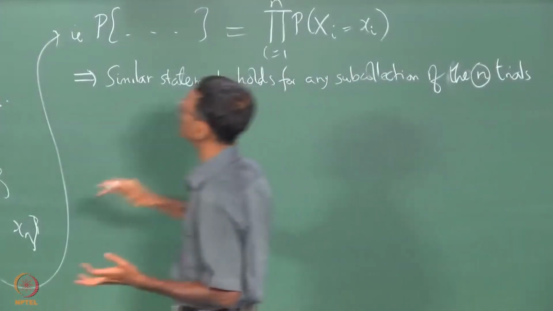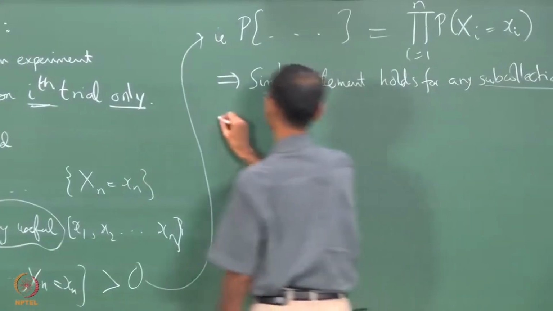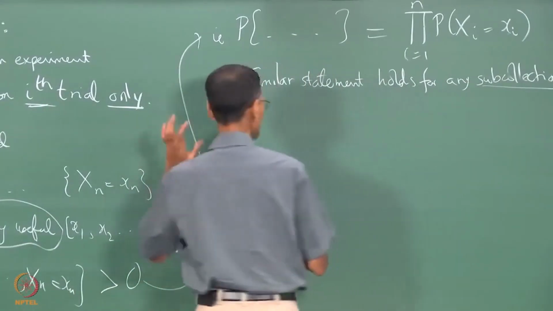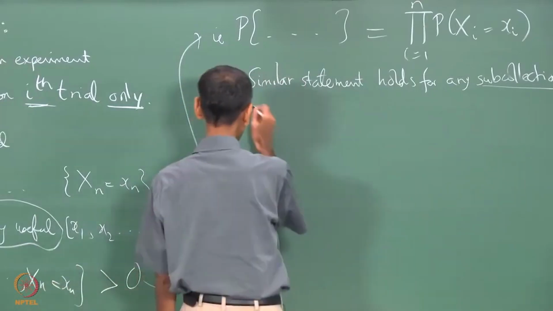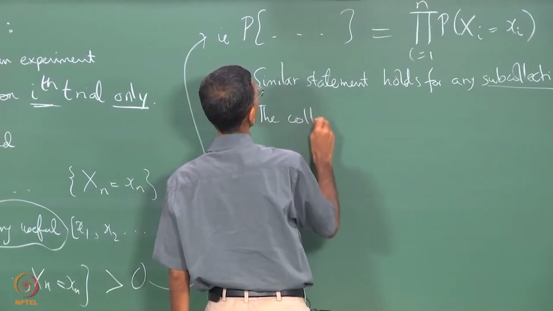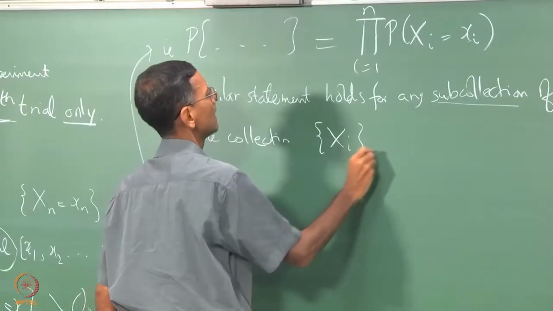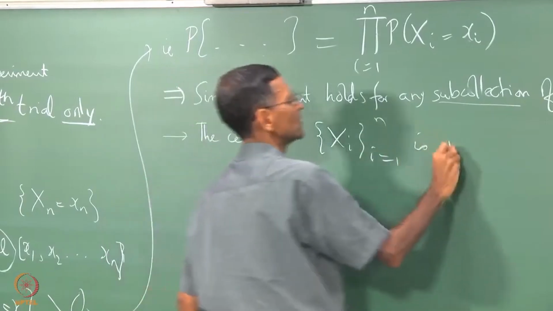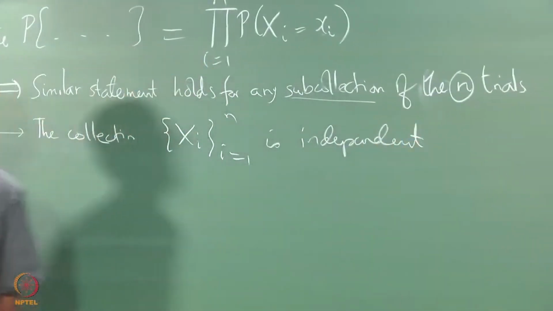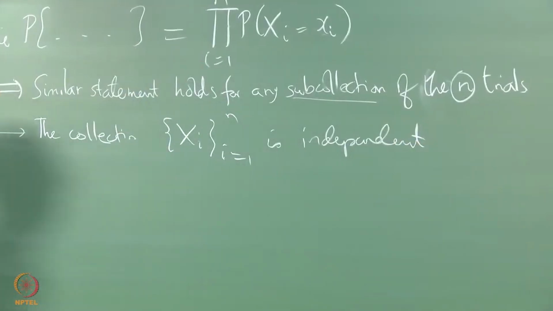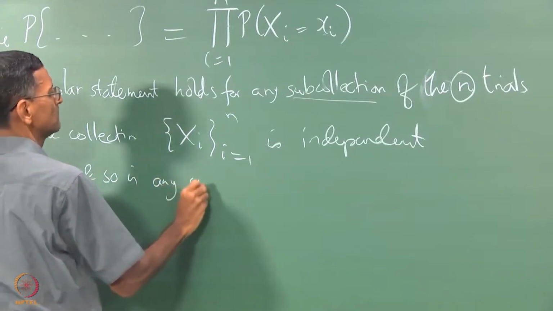So when this happens, this is a very important special case of having n independent random variables. You say that the collection Xi, i equal to 1 to n, is independent, which means that any subcollection of this is also independent, and so is any subcollection.